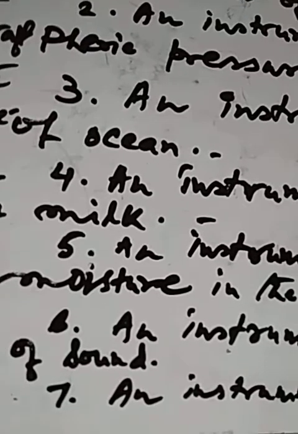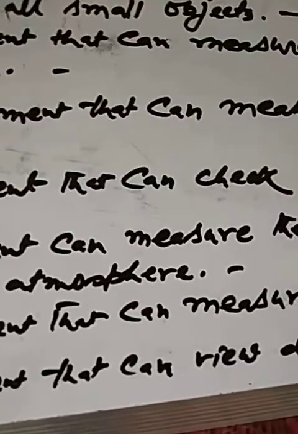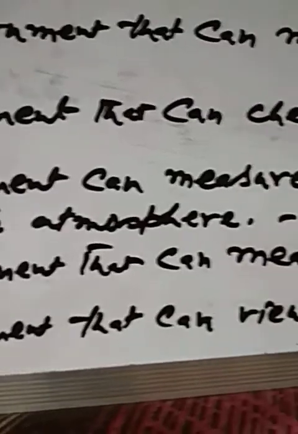Fifth point, an instrument that can measure the degree of moisture in the atmosphere. And sixth point, an instrument that can measure the intensity of sound. Seventh point, an instrument that can view distant objects.